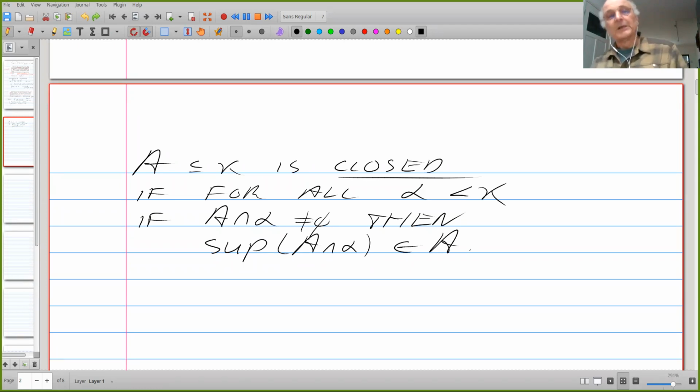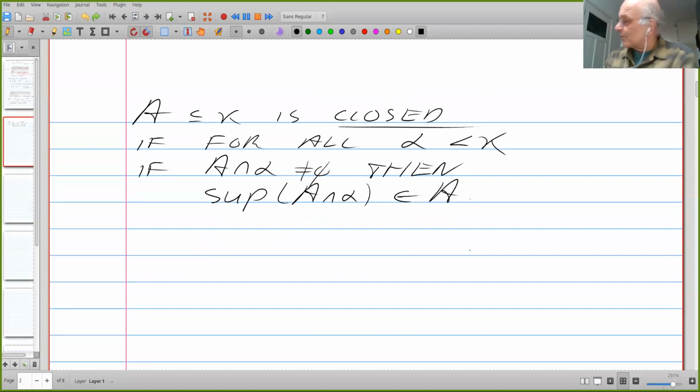We call a set closed, completely order theoretically, if this happens. Whenever you have a subset, the subset itself could be unbounded, could be cofinal. But if you look at an initial segment, non-empty, then the supremum of that initial segment has to be in the set.